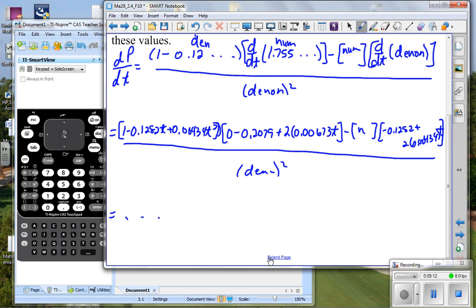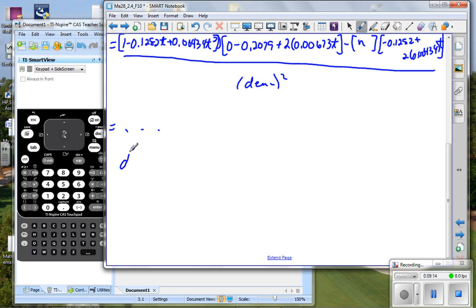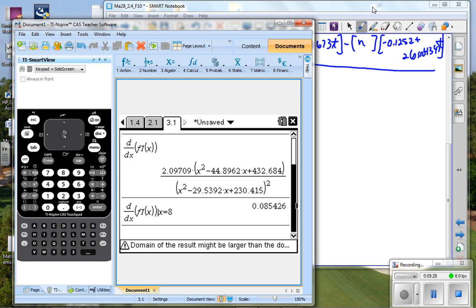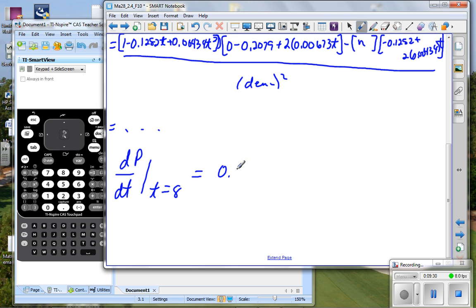We'll just put dot, dot, dot. Let's go down here and say dp dt at t equaling 8 has a value of 0.085426.